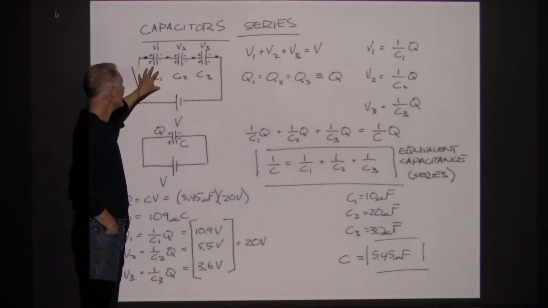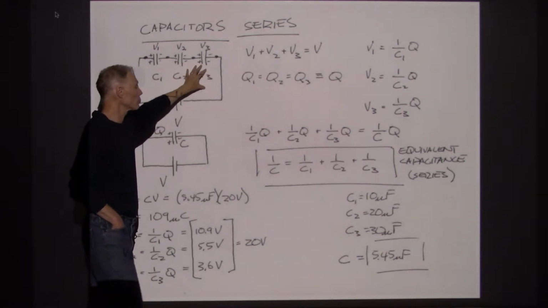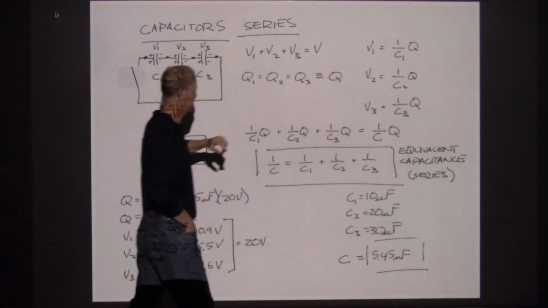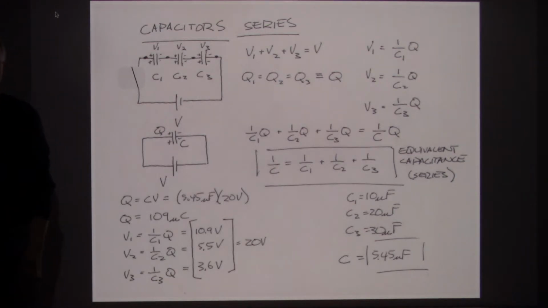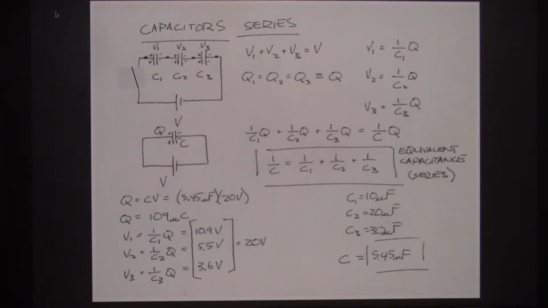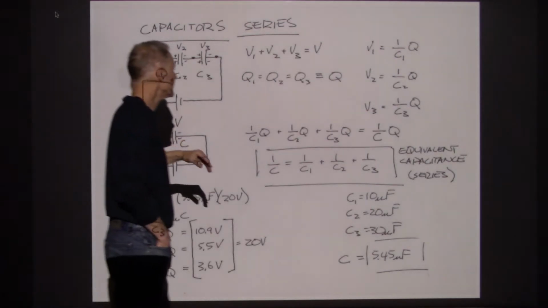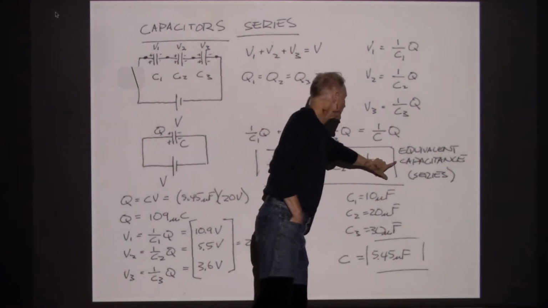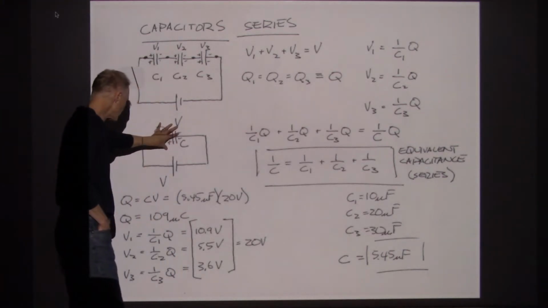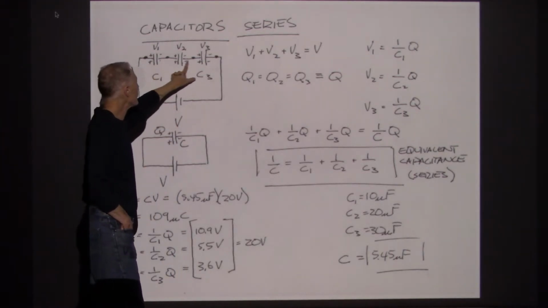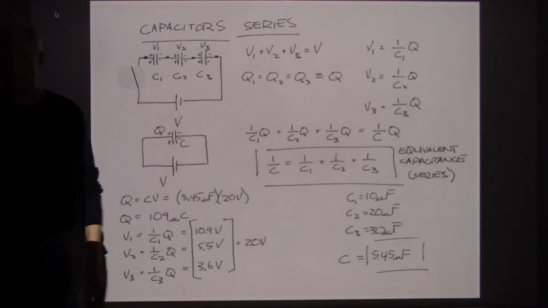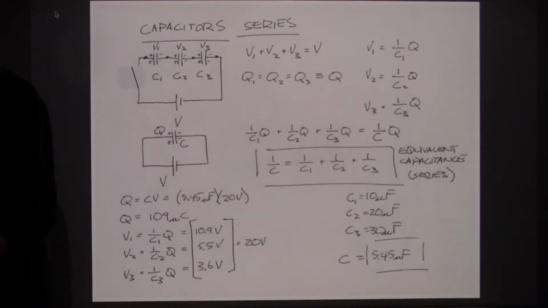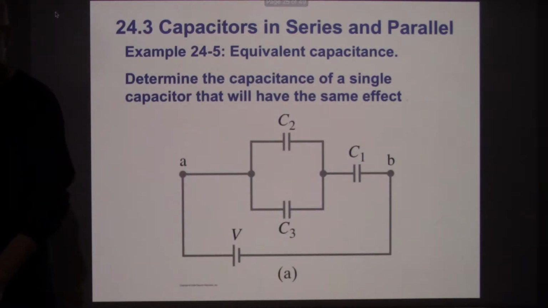Each one here would individually have a charge of Q, and the one we're replacing it with is just one capacitor with a charge of Q. But that's how we've set up and defined equivalent capacitance. It's so that the charge on this one matches each of the other capacitors that were in series. And that's the value that we ended up with. Okay, so it's a reduced value.